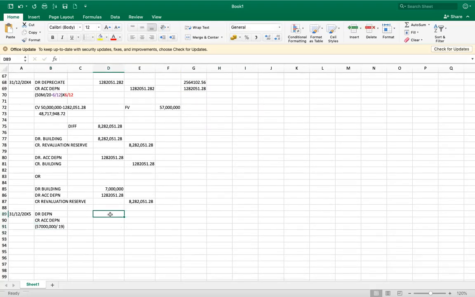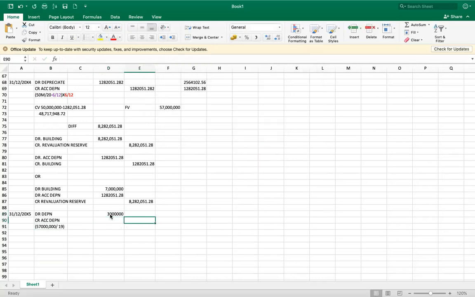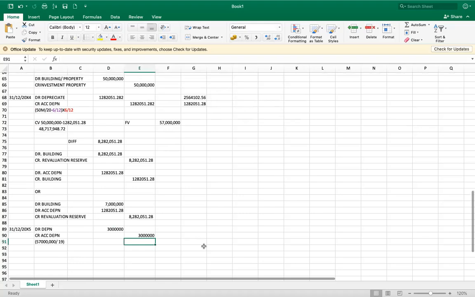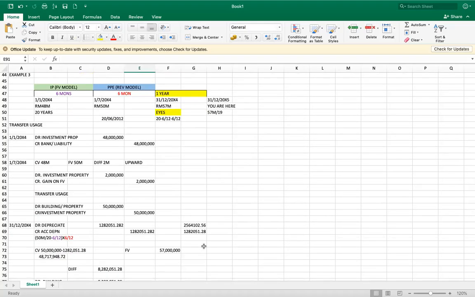So 3 million will be the new depreciation after revaluation. Okay, so I'm done with the explanation for this investment property, which has changed usage to become PPE, dated on 1st July 2000X4.